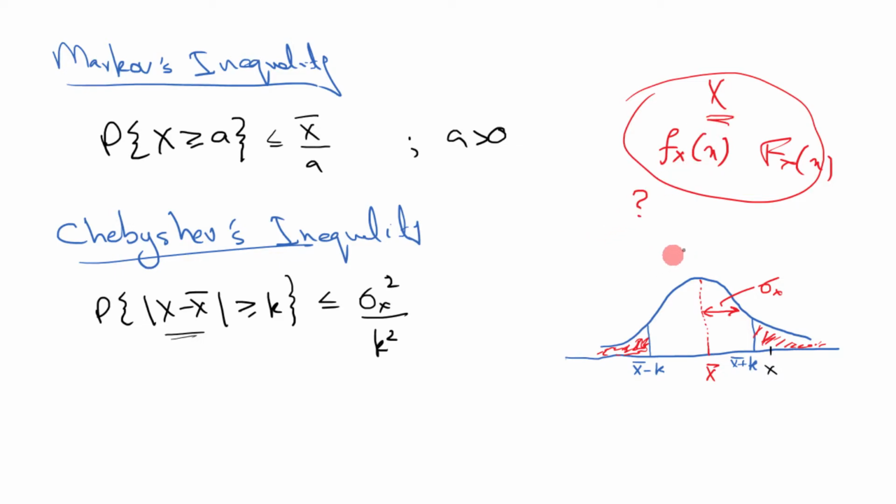Now let us apply these inequalities using an example. Let's suppose we know that the number of items produced in a factory during a week is a random variable x with mean 50, then what can be said about the probability that this week's production will exceed 75?